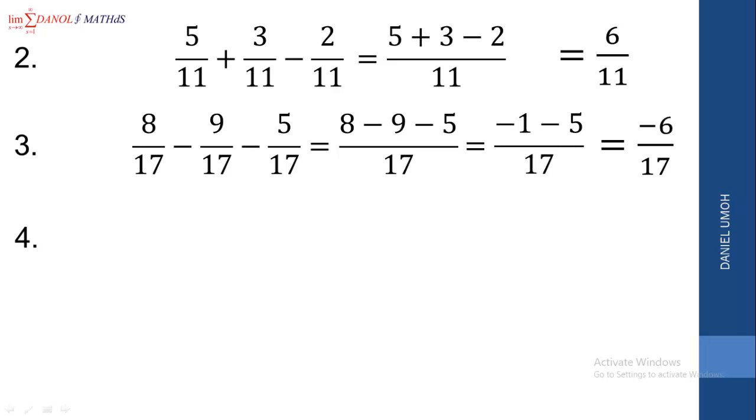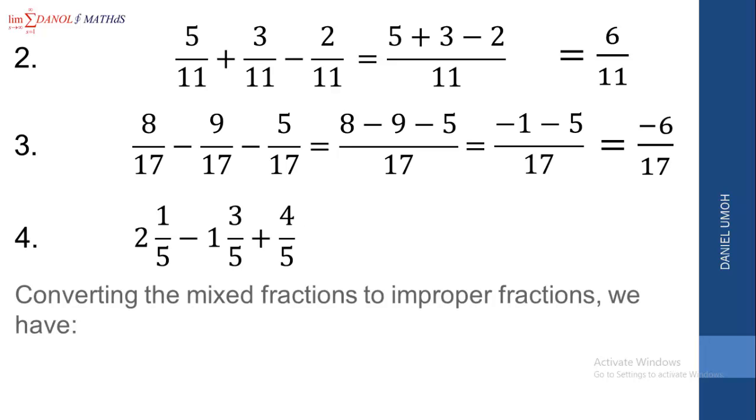Okay, example 4 says 2 whole number 1/5 minus 1 whole number 3/5 plus 4/5. The first thing we are going to do here is to convert the mixed fractions to improper fractions. So converting the mixed fractions to improper fractions, remember, for the first one we have 5 times 2, which is 10, plus 1, 11.